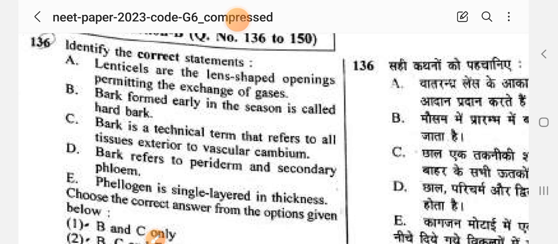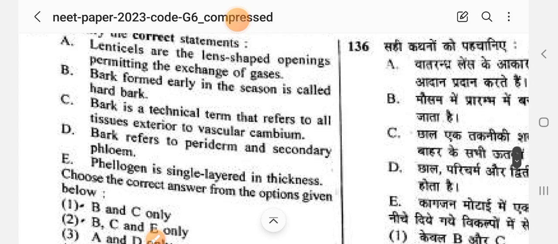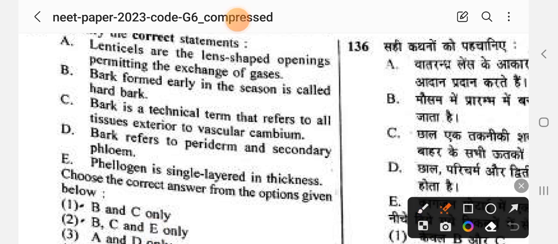Lenticels are lens-shaped openings permitting the exchange of gases. Bark formed early in the season is called hard bark. Bark is a technical term that refers to all tissues outside the vascular cambium.